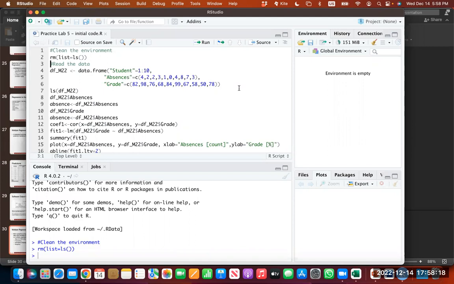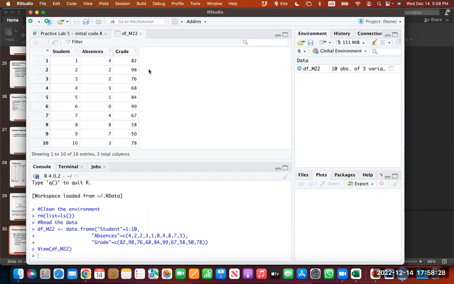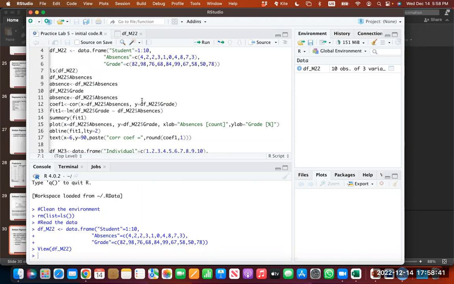Control enter now in line 2, and now line 3 will create a data set. That is the data set of our students. That's our 10 students. This is consistent with what we've done. So this is DFM22, should be 21 actually.